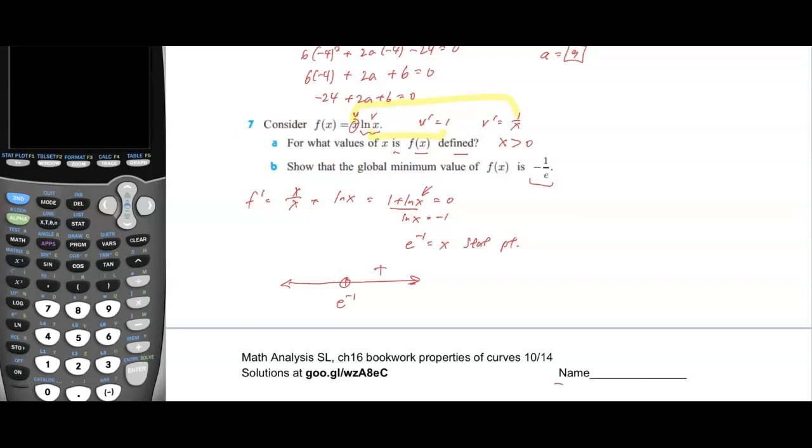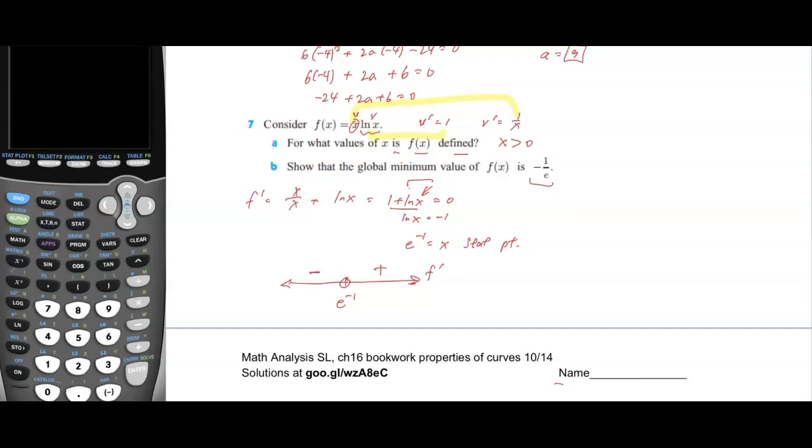If we put a very small number in here, less than e to the negative 1, for example, then natural log of x would be a negative number that is even more negative than negative 1, which would make this whole thing negative. So here is our sign diagram for the f dash function.